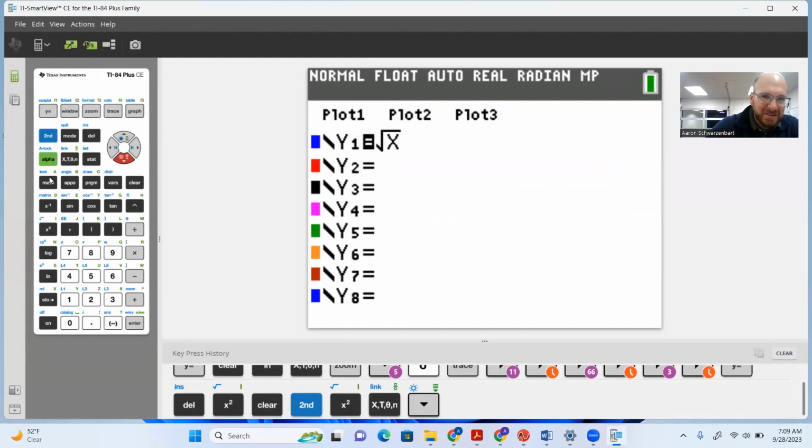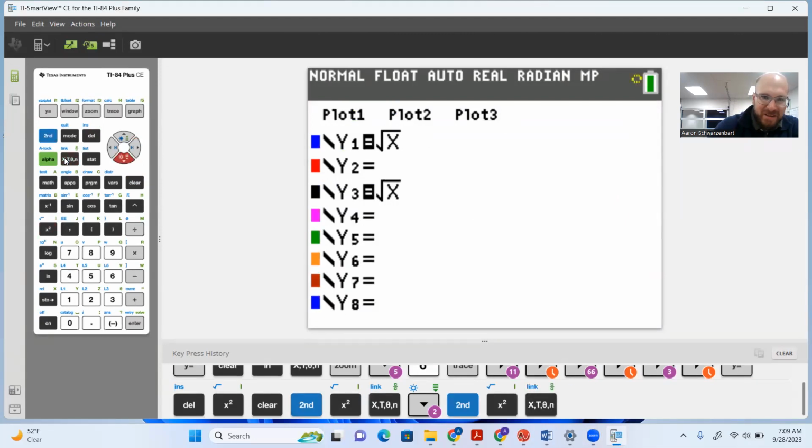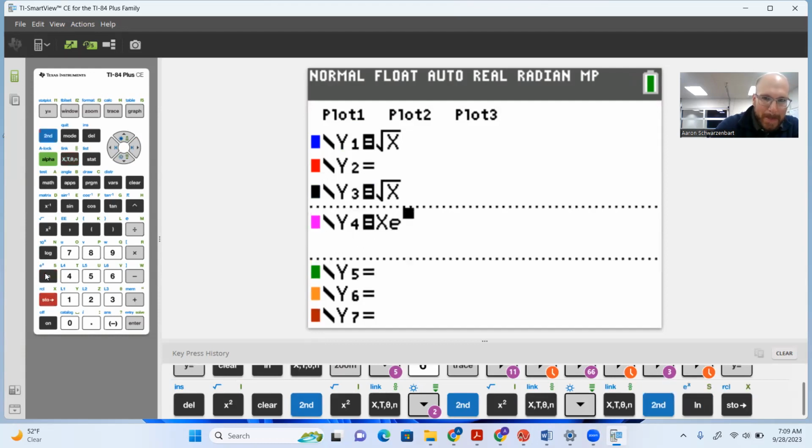So square root of x is blue, e to the x is red. Now let's do this. We'll match the colors in the book. Square root of x is going to be purple. And e to the x is second function of that ln button.